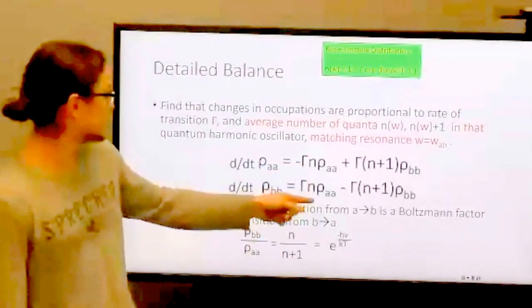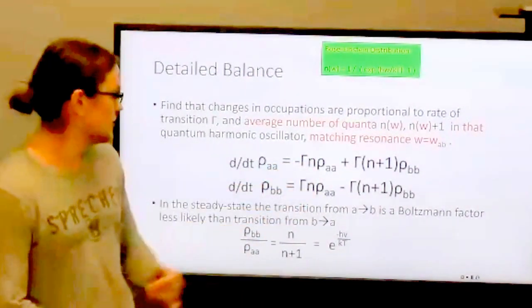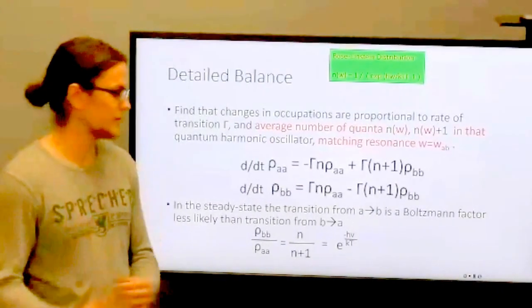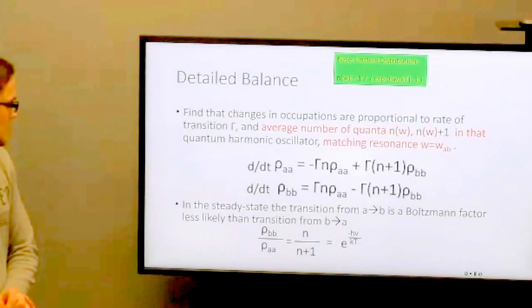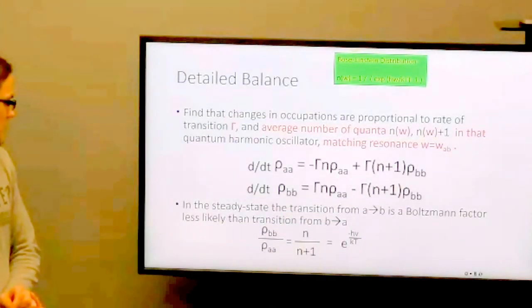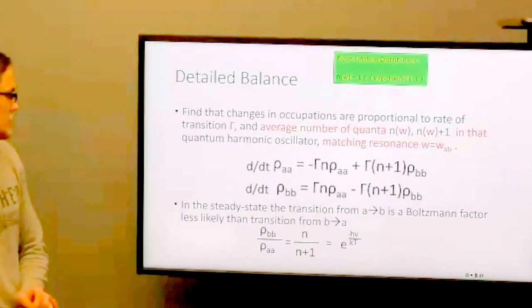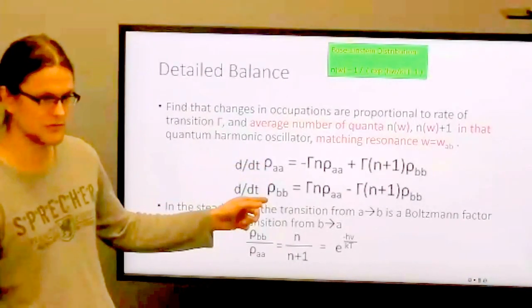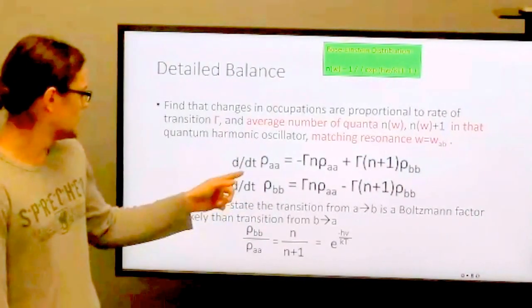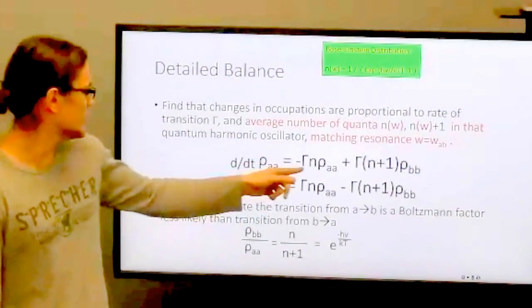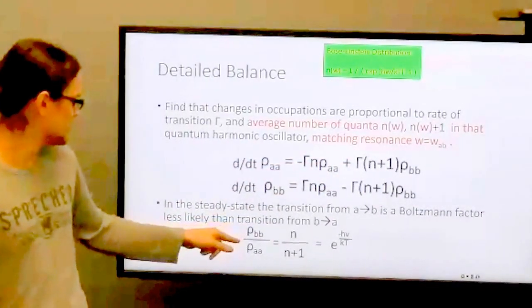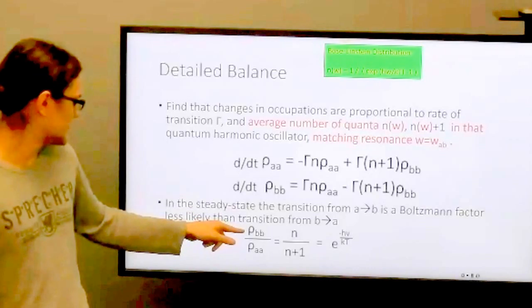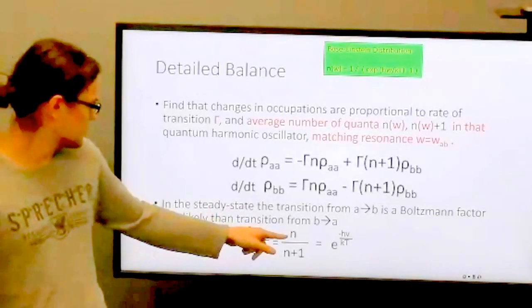Then we also get expectation values from the reduced density matrix, where they're convoluted with the ground state and the excited state. And then if we assume a steady state solution, so that our time derivatives are 0, so that there's no changes in the occupations of the states, we can solve the equation and get ratios of the excited state over the ground state.